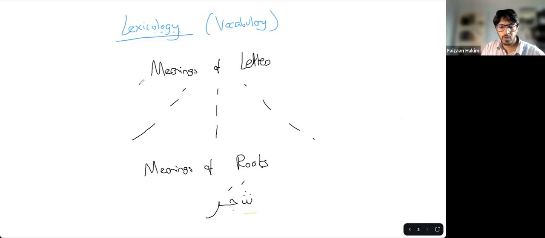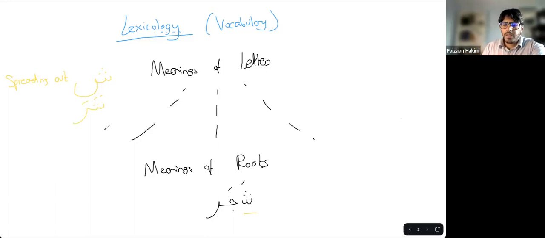One meaning of sheen is illumination and diffusion, emanation. I'll say spreading out. Of these things, we have, for example, nashara. Nashara means to spread things out.